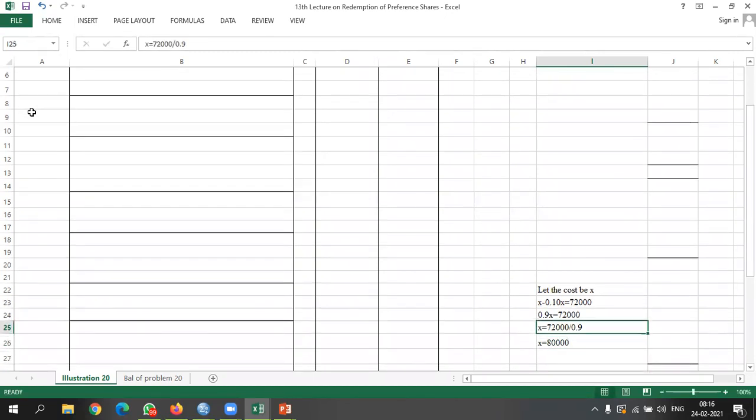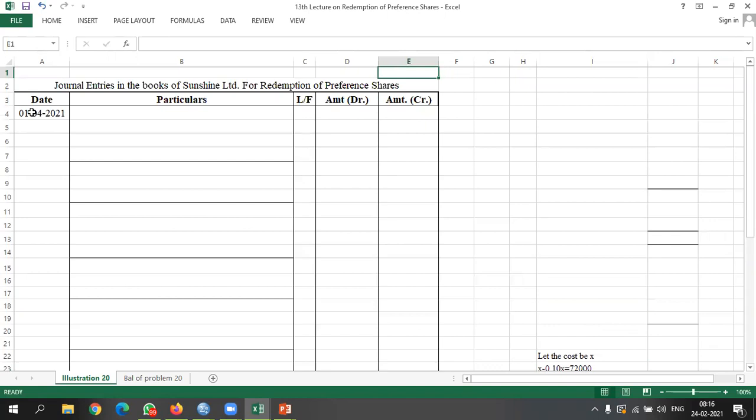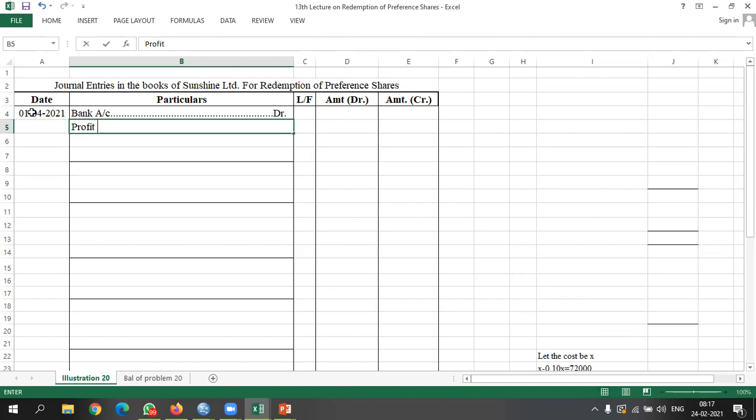Suppose my cost is 80,000 and I am selling the investment at 72,000. So I am making a loss of 8,000 rupees. So my entry will be bank account debited, profit and loss account debited, to investment account.